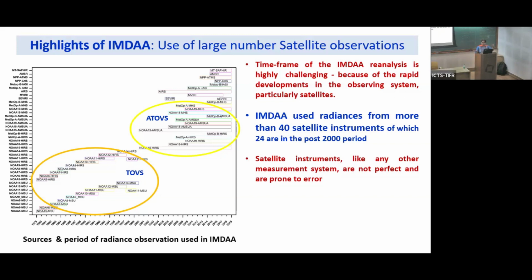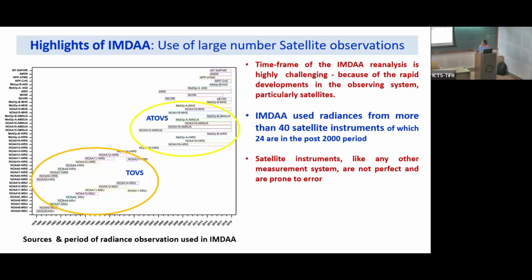In the post-2000 period the satellites are changing, so when we count how many instruments' data we assimilated, it is around 24 post 2000, and in total more than 40 satellite instruments were used in the IMDAA reanalysis.